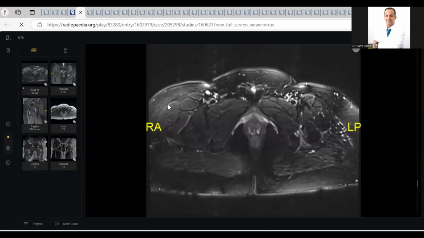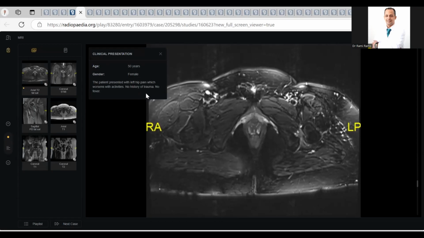Could you tell the mechanism of injury in ACL and the bucket handle tear of the medial meniscus? Not really. Maybe hyperextension injury. Okay. This is just a question for more marks. Don't worry, you did well in this case.